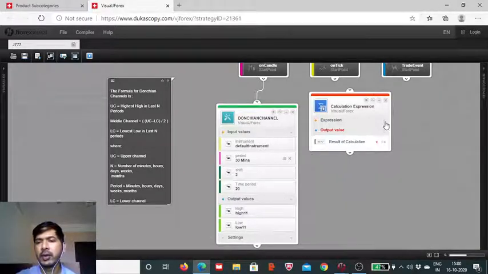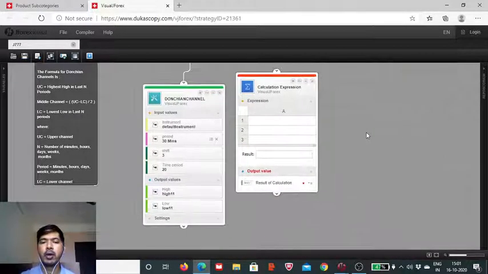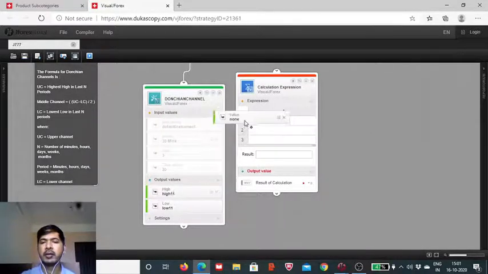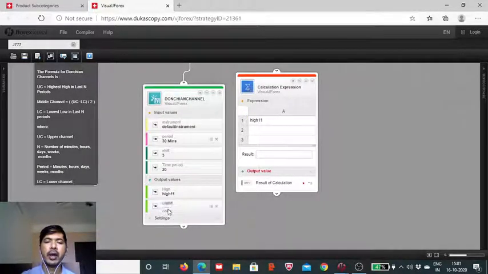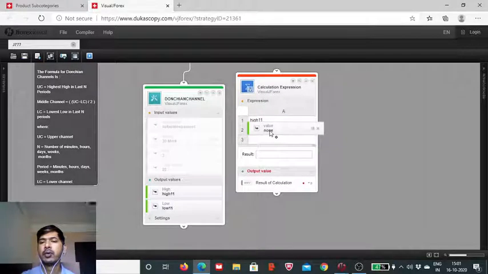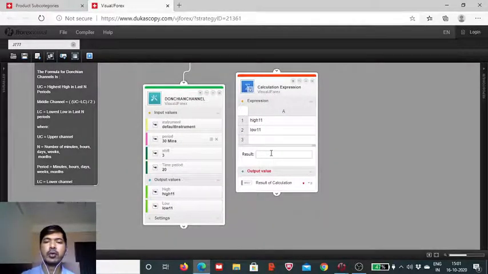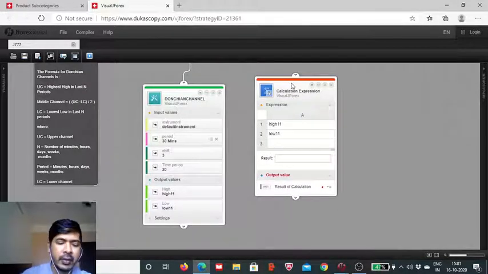Now suppose we need to calculate the middle band, all you have to do is take, for example, the high value and the low value and do this customization here. A1 plus, wait, A1 plus A, oh sorry, not plus, A1 minus A2.